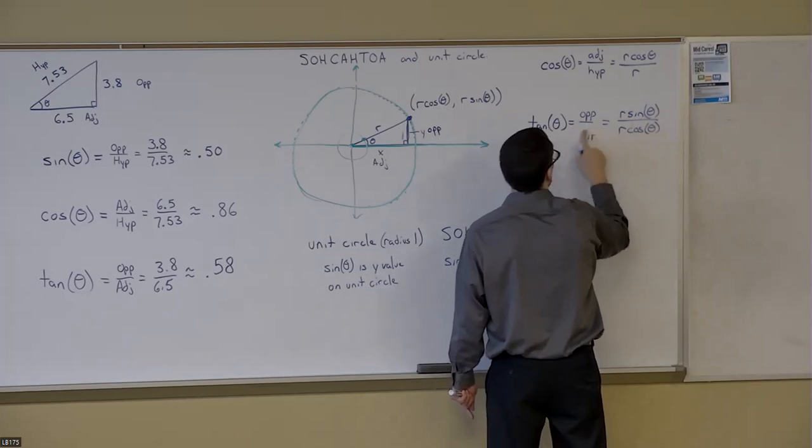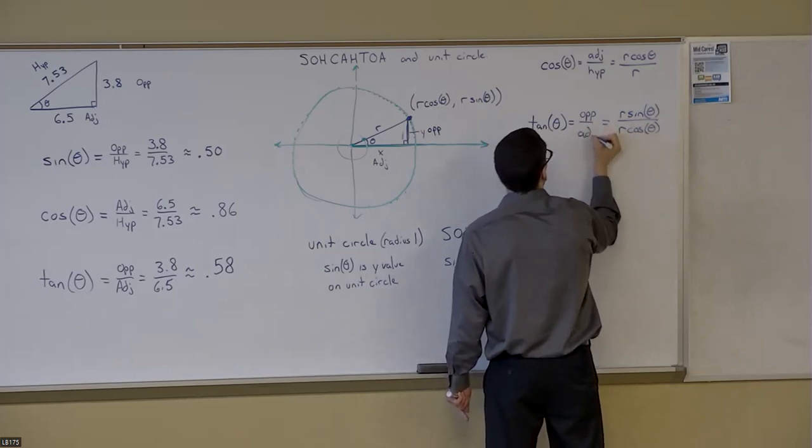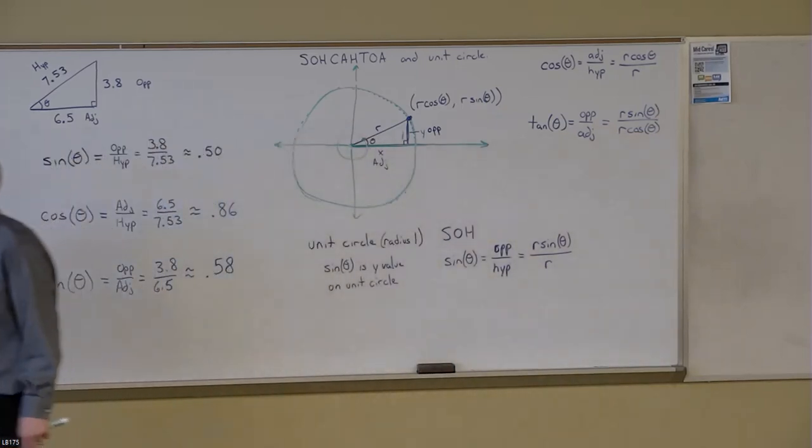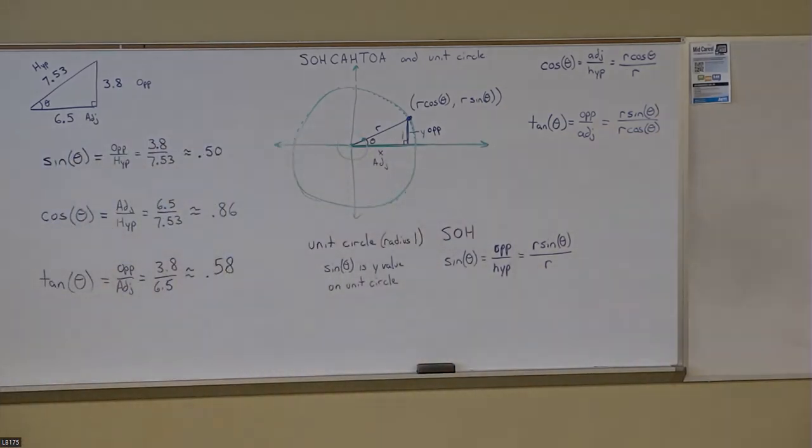Did I say opposite or adjacent? I think I said hypotenuse, but it's opposite over adjacent for the tangent. And notice that's just sine over cosine because the r's are going to cancel out. Okay.